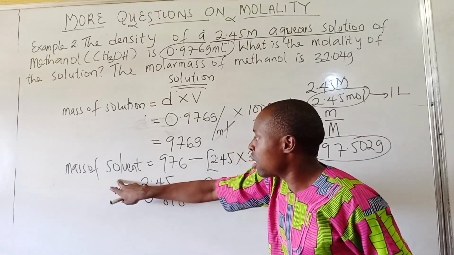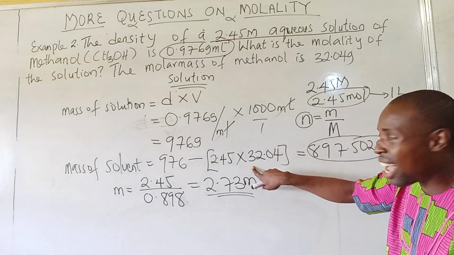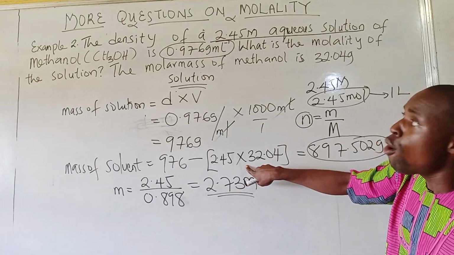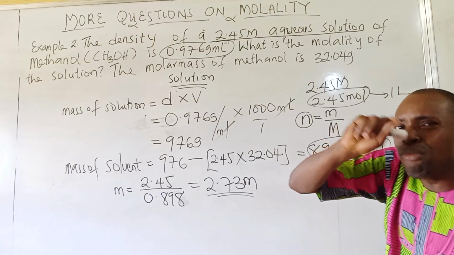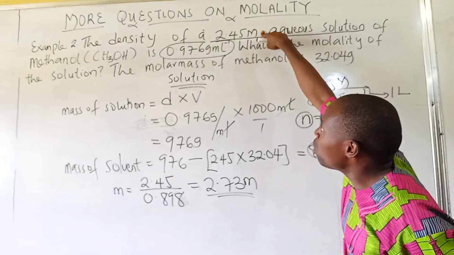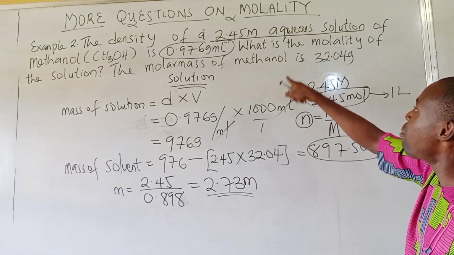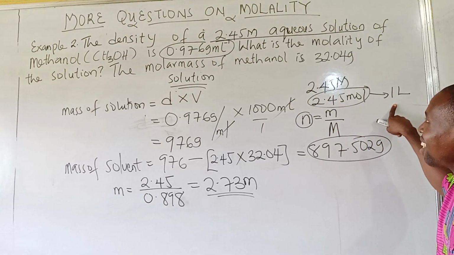The mass of solvent is the total mass minus the mass of the solute. And to get the mass of the solute, what do you do? You first get the number of moles of the solute from the concentration given to you, which is 2.45 molar, meaning 2.45 mole per liter.